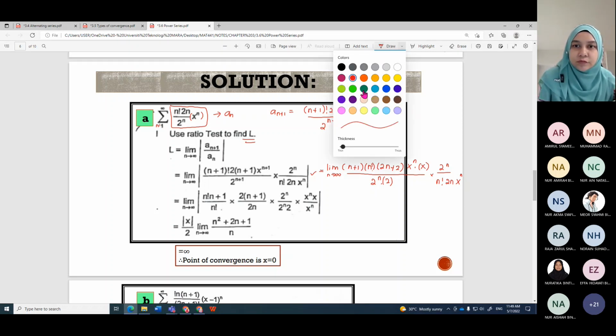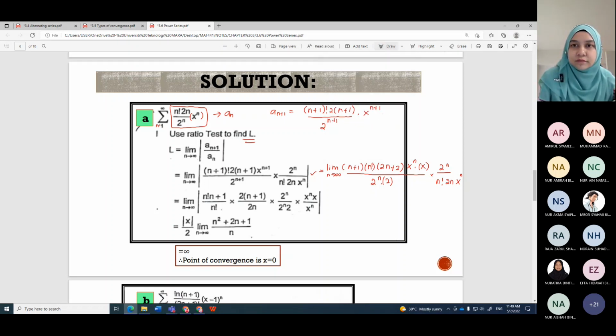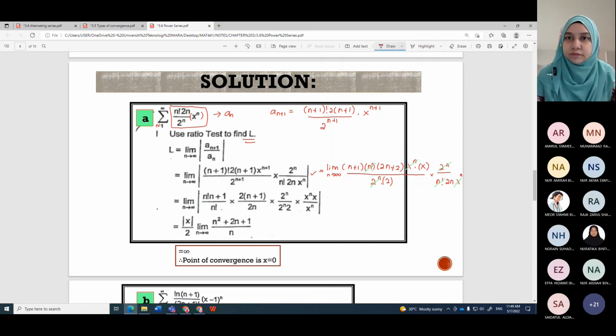Okay, then kita simplify. Simplify kita potong lah, mana yang sama. Ini dalam modulus.